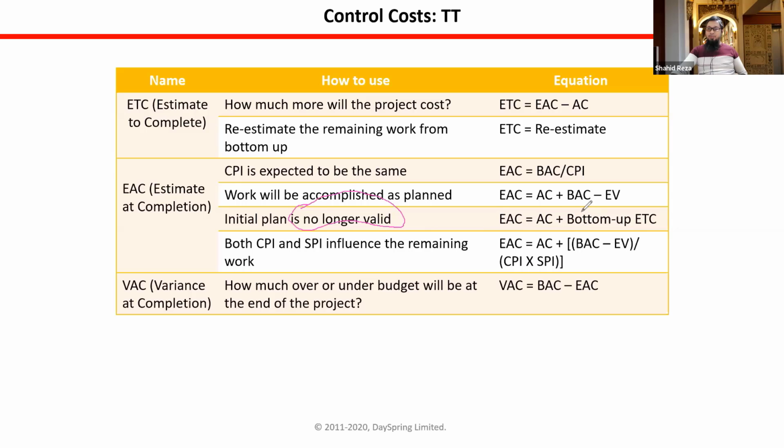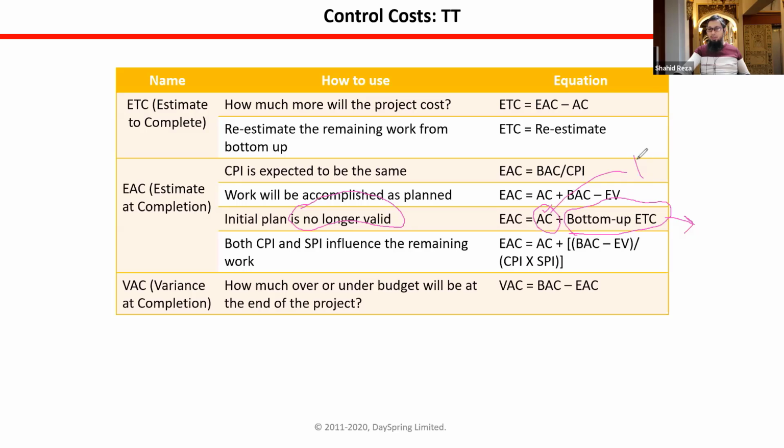What we are doing here: we have already spent $120, so actual cost is there, but for the rest of the job, you are going to do bottom-up ETC. Bottom-up ETC means estimate to complete. You will again estimate how much money you need for the rest of the work. That value you will deduce from expert judgment, from your experience, or by consulting with some experts.